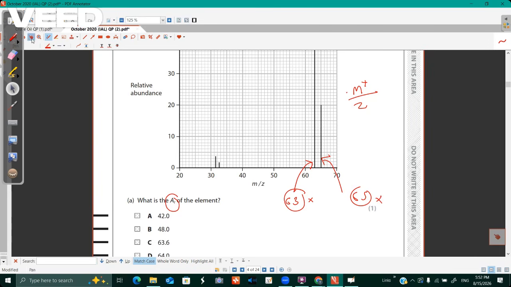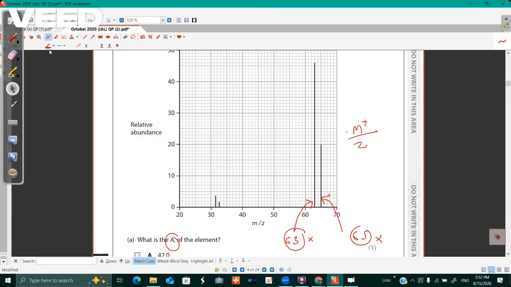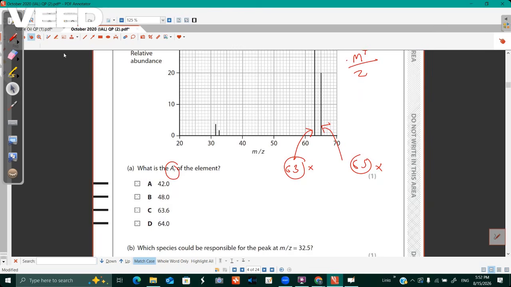So the relative abundances can be calculated based on the height. You don't need to do a calculation actually. AR always means an average value between these two, right?